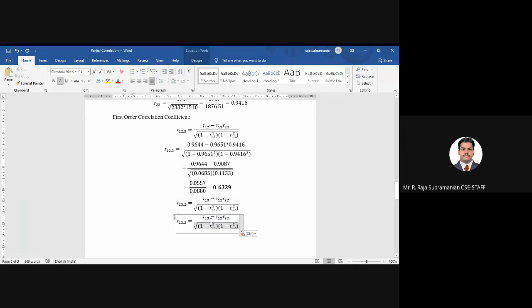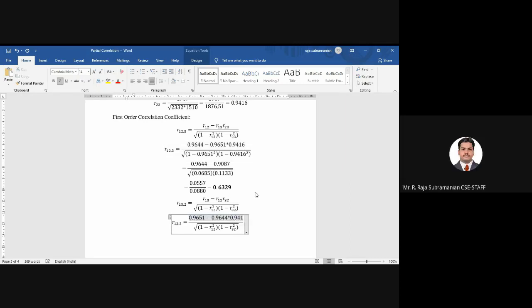R13.2. What is R13? We have here 0.9651. So 0.9651 minus R12, yes, I think this is R12, right? 0.9644, times R32, 0.9416.